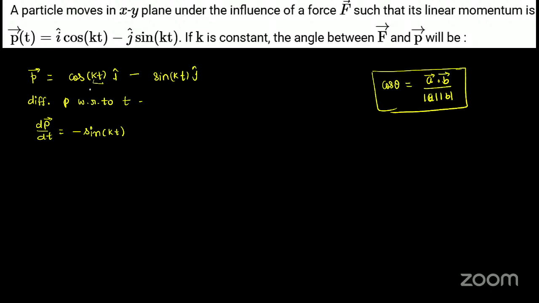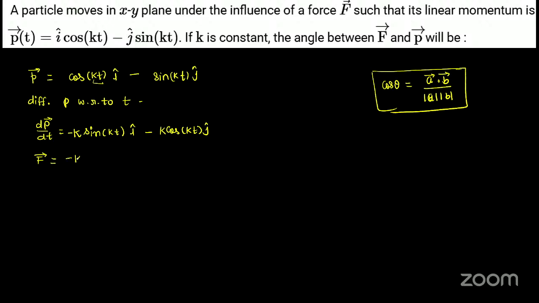Differentiation of kt gives you k. So I will write it like minus k sin kt i cap, minus sin, whose differentiation will be cos kt. Okay? And again k will come out.